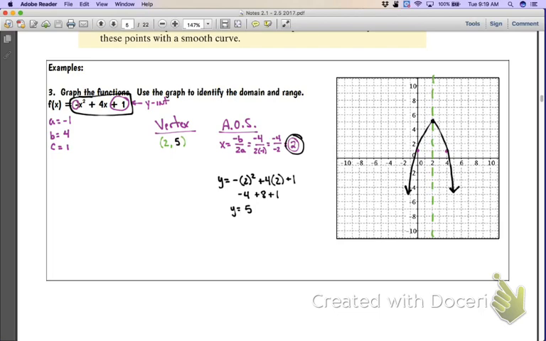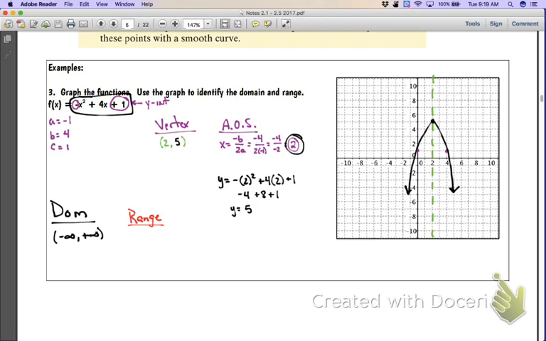Now it says identify the domain and range. What did I already say earlier? What is your domain every single time? Negative infinity to positive infinity. If you don't get that right, somebody's going to smack you upside the back of your head. Not really, but I'll have you do it to yourself. Now, what's your range?